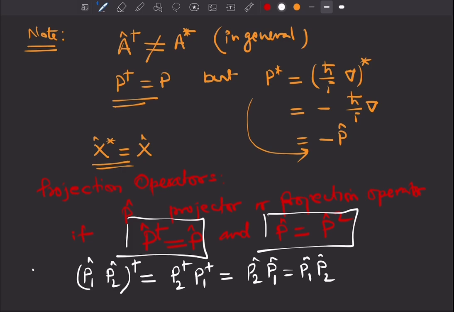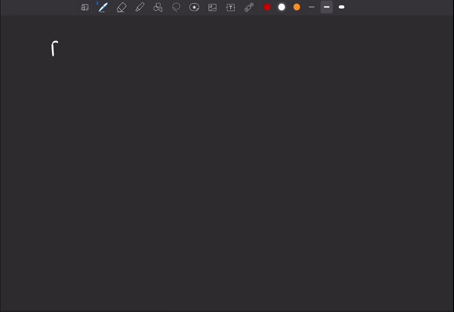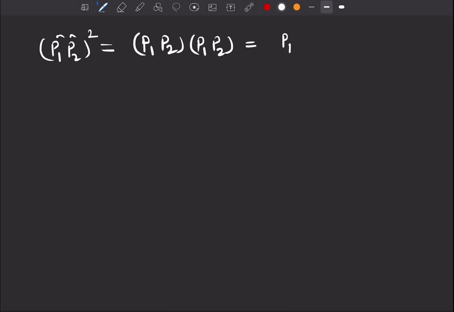And again, their square should be equal to its own value, that is P1 P2 whole square is equal to P1 P2 into P1 P2, which is equal to P1 into P1, P2 into P2, which is P1 square P2 square, equal to P1 P2.